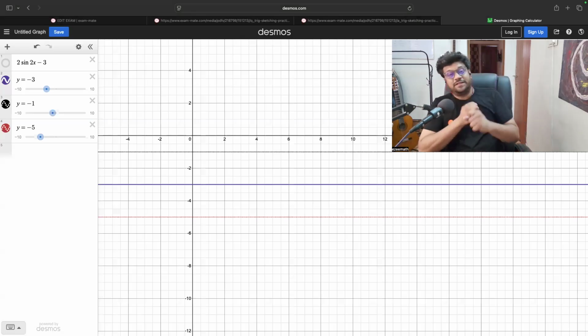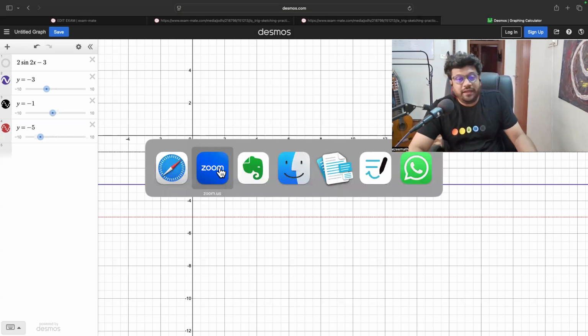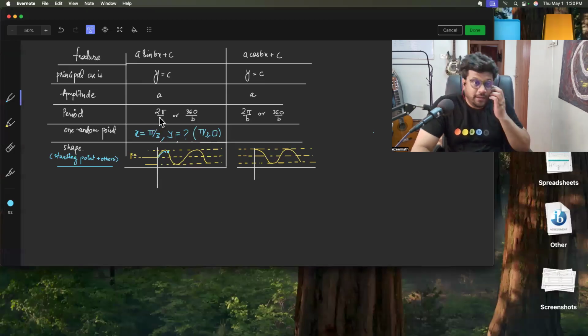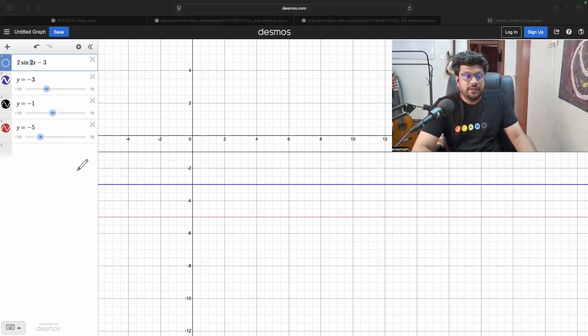So we have seen the principal axis, we've seen the amplitude, and now we're going to look at the period of it. The period is supposed to be 2 pi by b. B value for me is 2, which means the period is 2 pi by 2, which is pi.